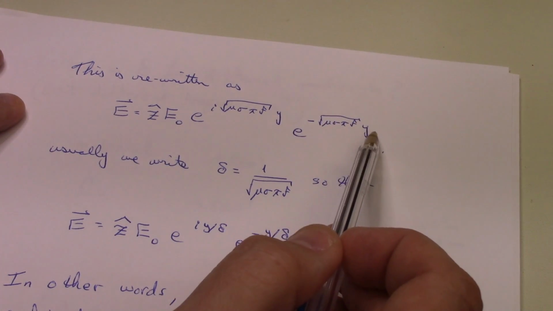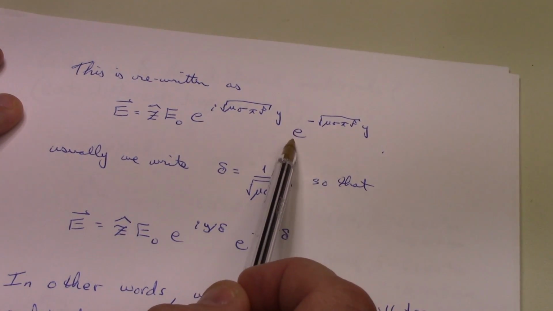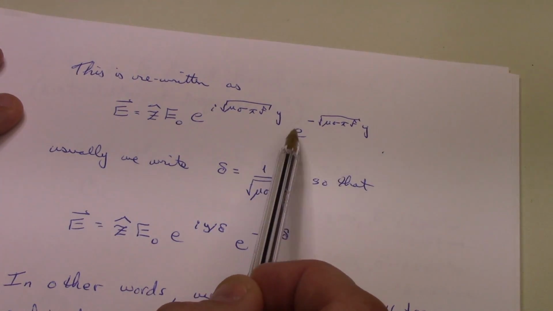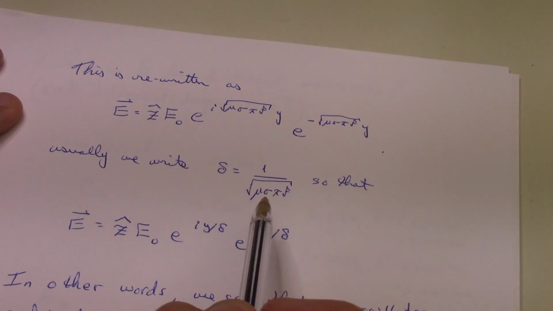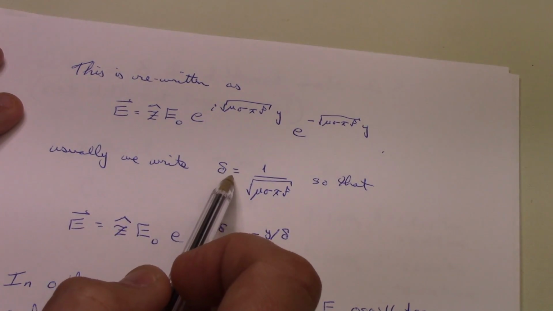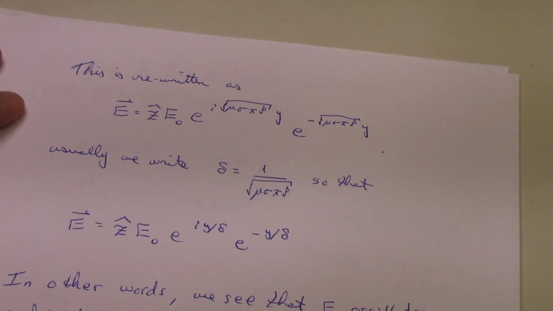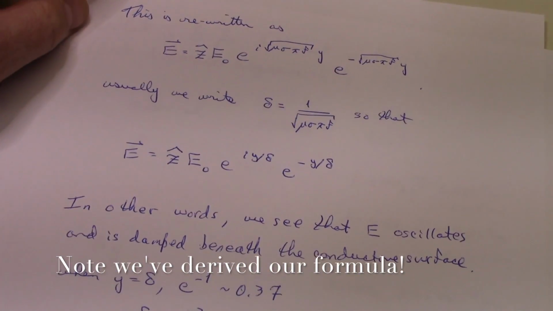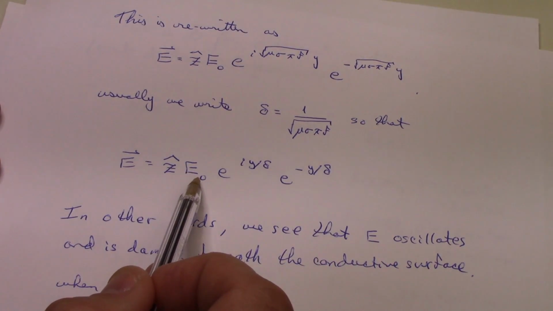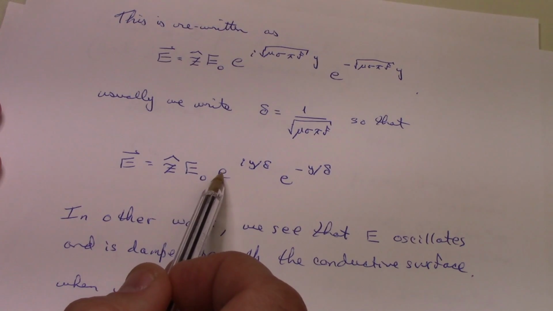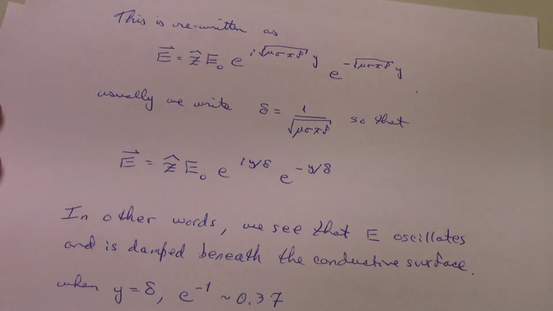Stuff in the square root is positive, and y is going to be positive as you go down into the surface. So this is going to decay away, getting smaller and smaller as y gets bigger. Usually for convenience we just define a delta as 1 over the square root of mu sigma pi f, so that we can write the electric field as you go down into the surface as z hat E0 e to the i y over delta times e to the minus y over delta.